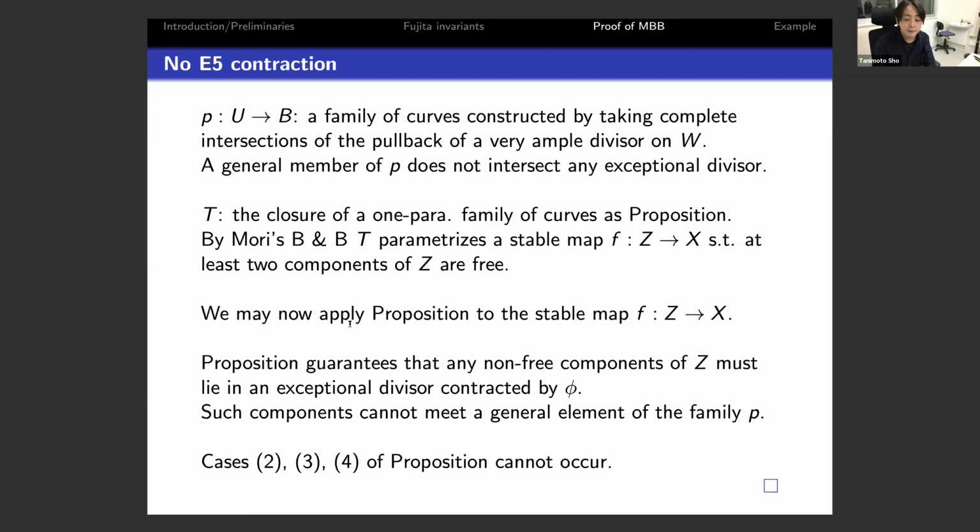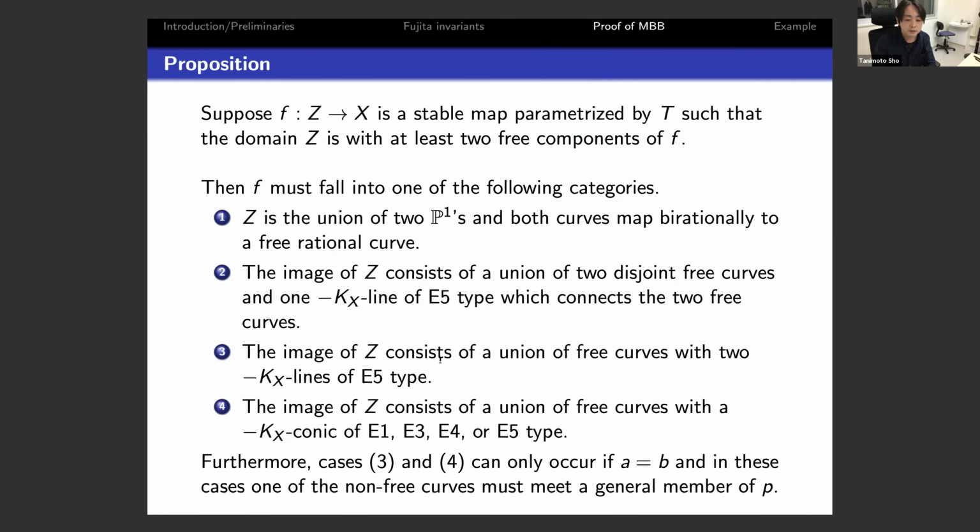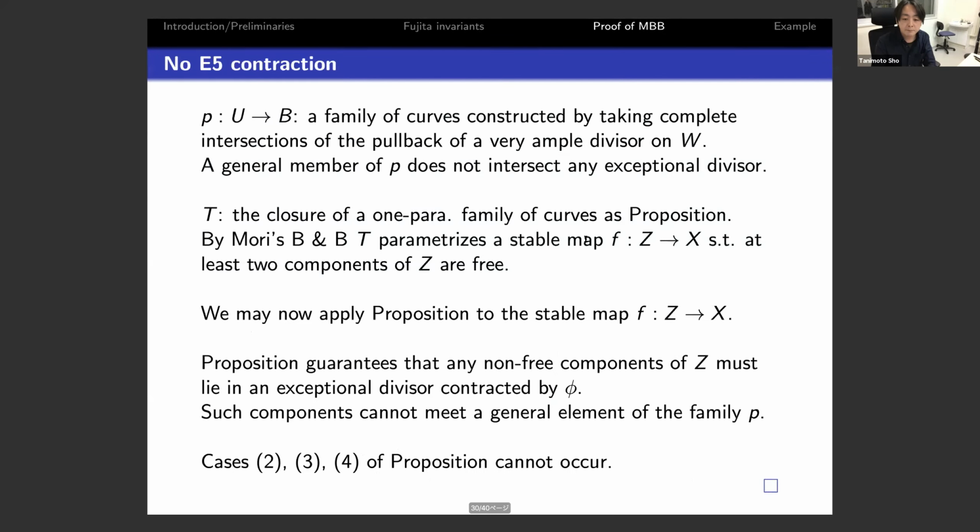So now we need to apply the proposition to the stable map. First of all, we are assuming there's no E5 contraction. So cases 2, 3 don't happen. And also, in the case of 4, one more non-free curves, namely minus K_X conic of type E1, E3, E4, or E5, must meet a member of P. But now a general member of P avoids the exceptional divisor.